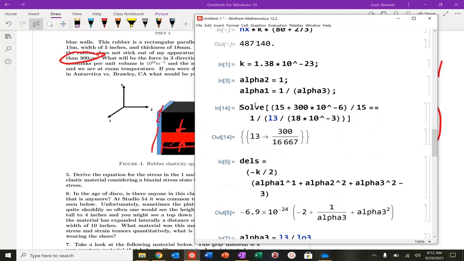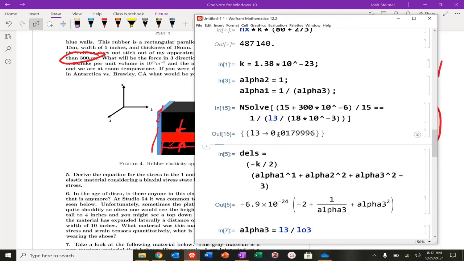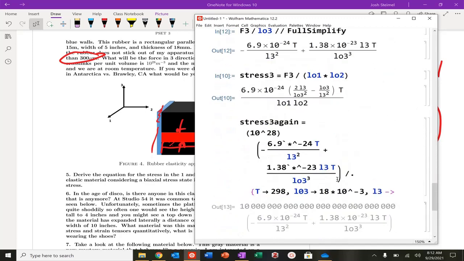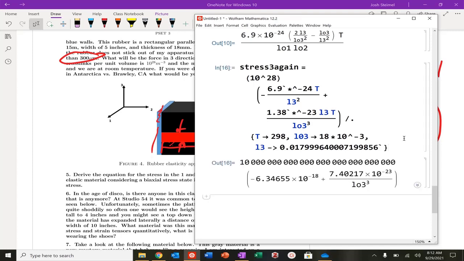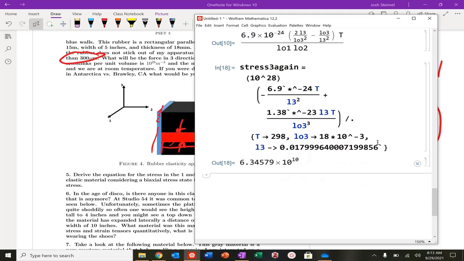So let's numerically solve. So this is my L3. My L3 is going to change this much, so I could just substitute that in. L3 goes to this. And then multiply that out. Oh, L naught 3. And so there would be the stress.